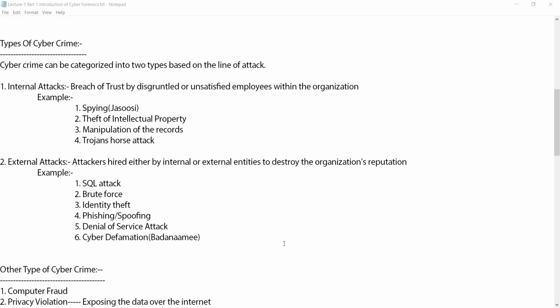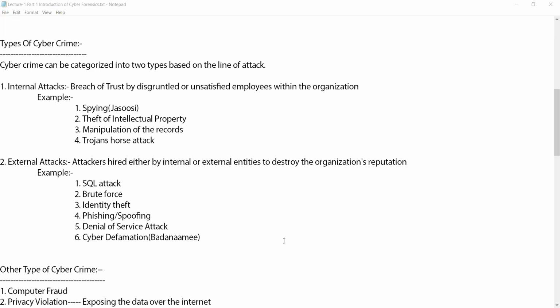Suppose a person who is already involved in cyber crime is placed into the organization, and they hire external entities and external attackers to perform crimes on the external side.